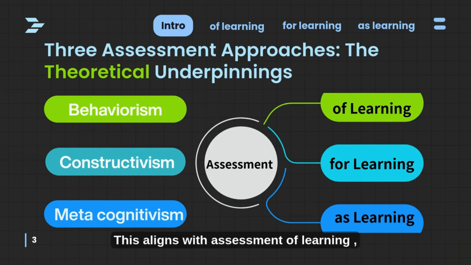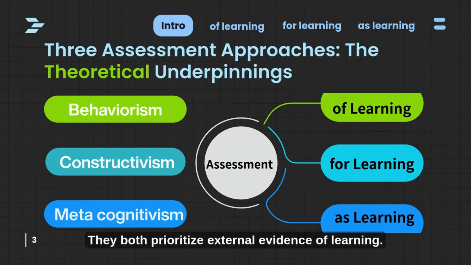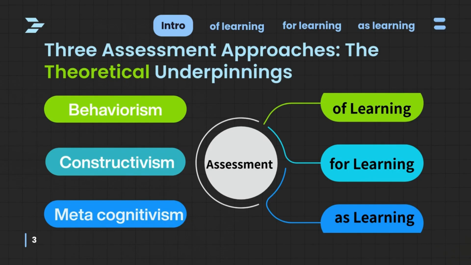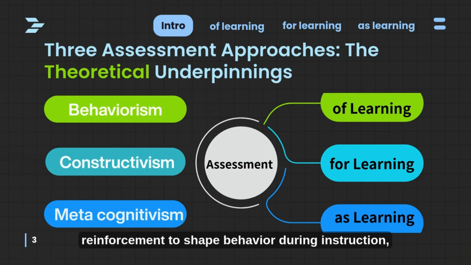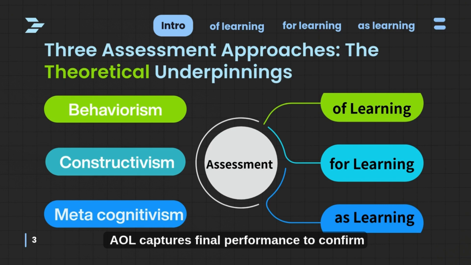This aligns with assessment of learning, AOL, which focuses on measurable results such as tests and grades to show mastery in certain content or skills. They both prioritize external evidence of learning. In short, while behaviorism uses reinforcement to shape behavior during instruction, AOL captures final performance to confirm learning objectives are achieved.